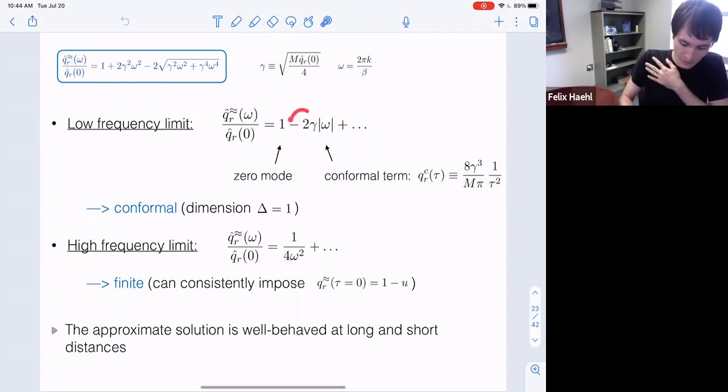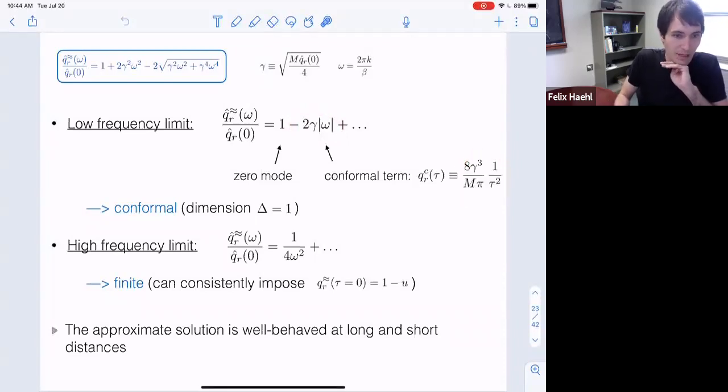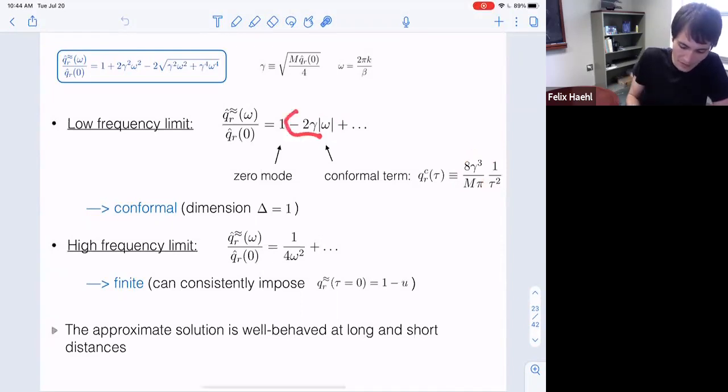This kind of term is associated with a scaling solution. If you Fourier transform that, it's like 1 over tau squared in the time domain. So this is a scaling solution with conformal dimension 1.